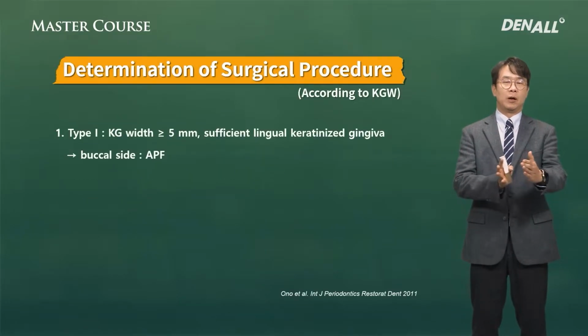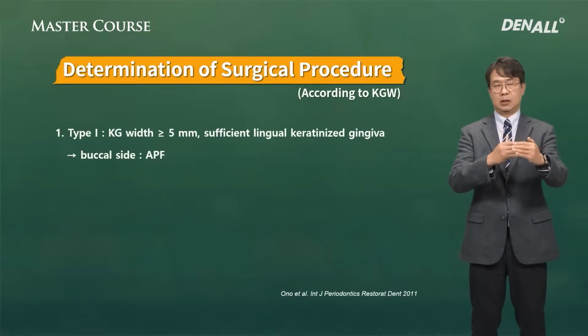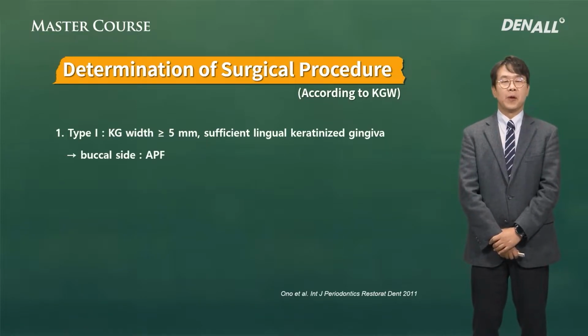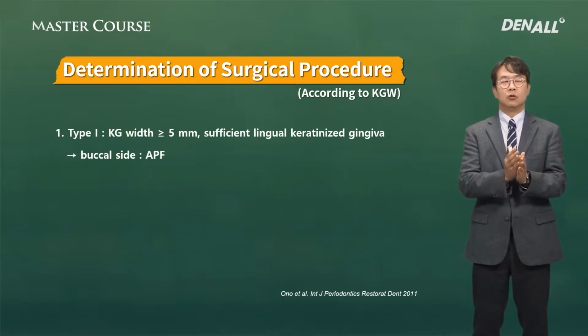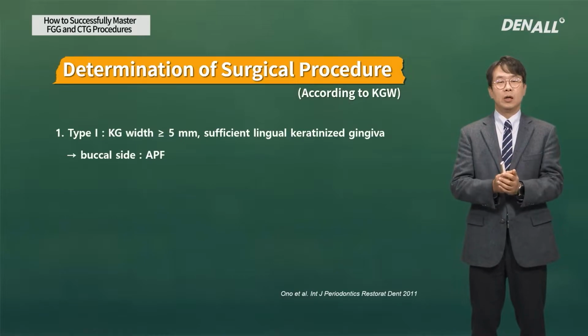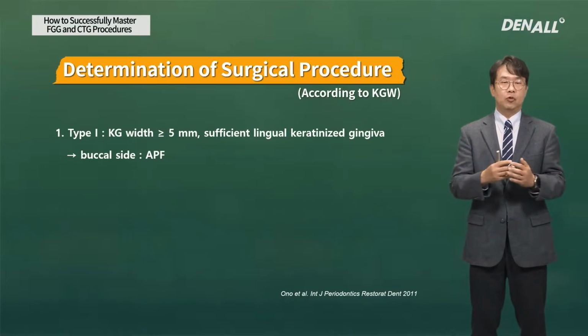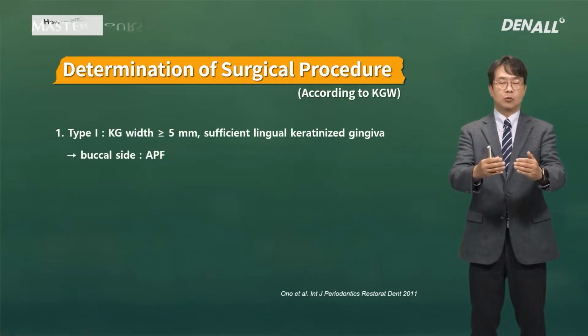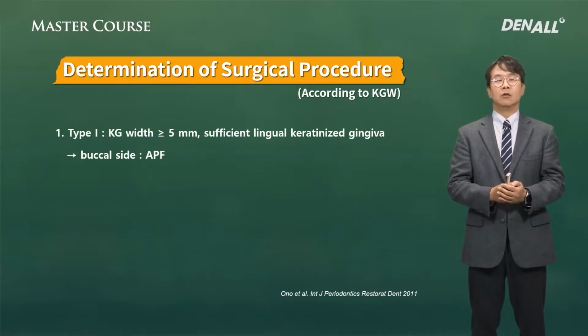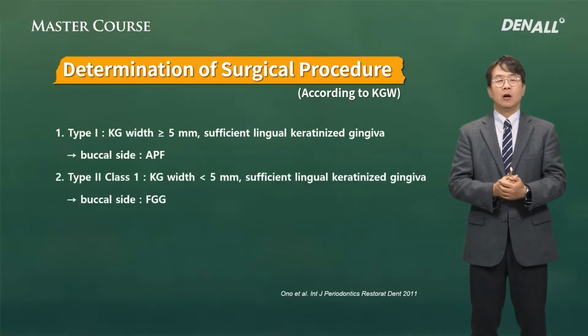The width of keratinized tissue is one of the criteria. Generally, if the keratinized tissue width is 5 millimeters or more, and if sufficient lingual keratinized gingiva exists, keratinized tissue can be increased by APF on the buccal side.